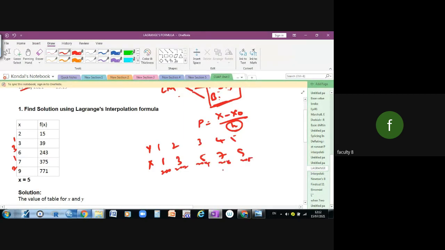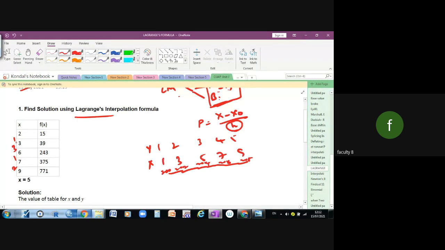The difference was the same in the Newton backward, forward, and binomial methods. Whereas in the Lagrange interpolation method, the difference is not the same in x.